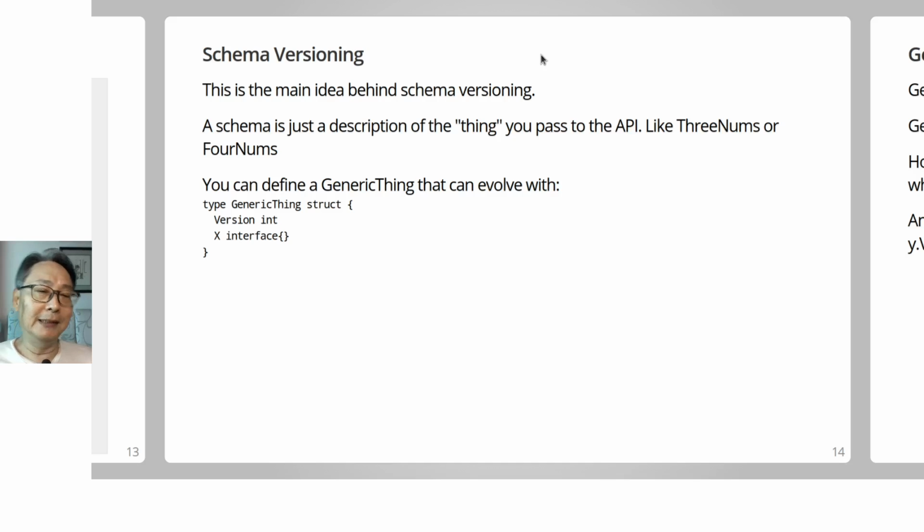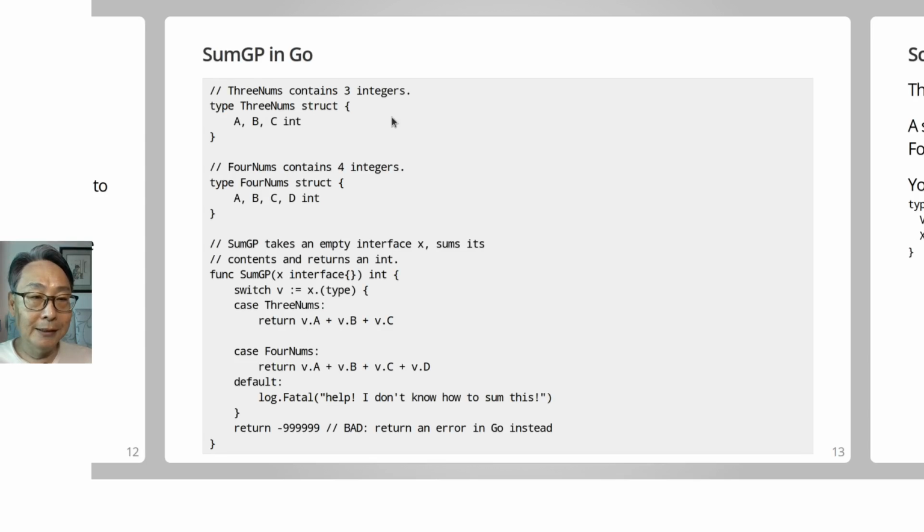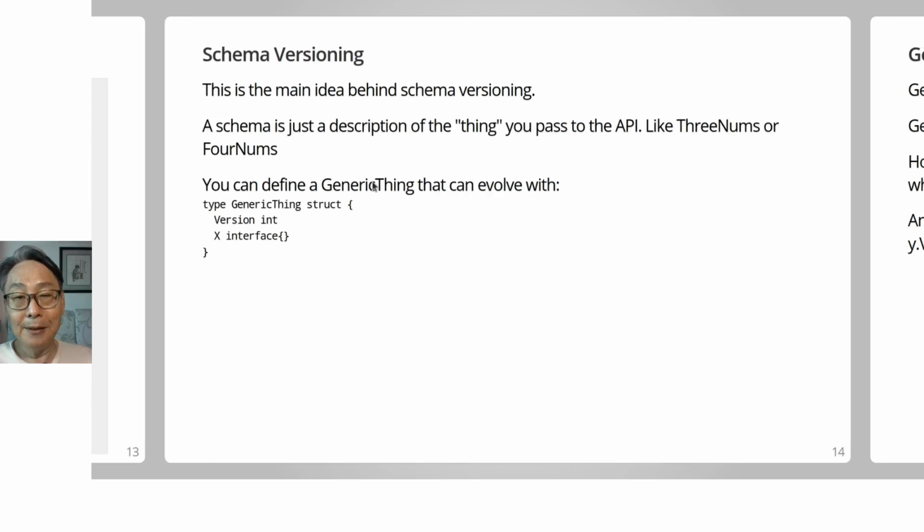What is a schema? It's just a fancy word for describing the thing you pass to the API. That thing could be 3nums, and the schema for 3nums is just this, and the schema for 4nums is just that. So we can define the schema for a generic thing to be this.